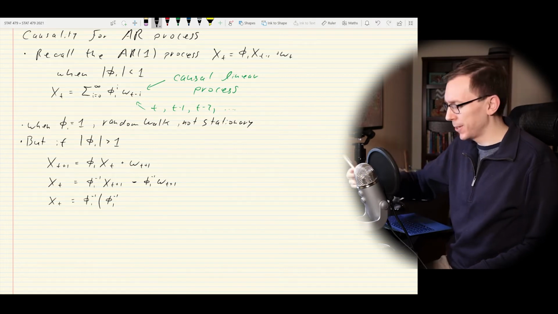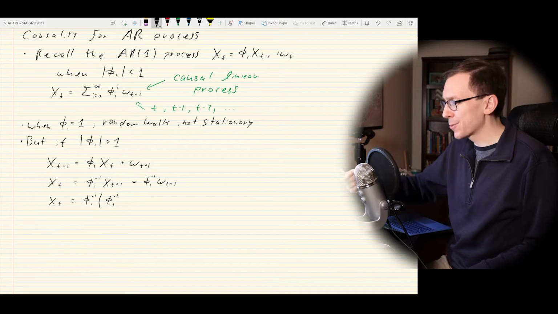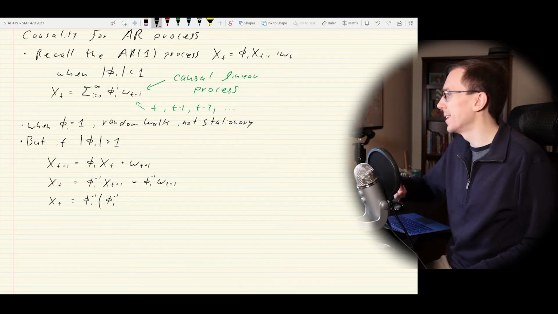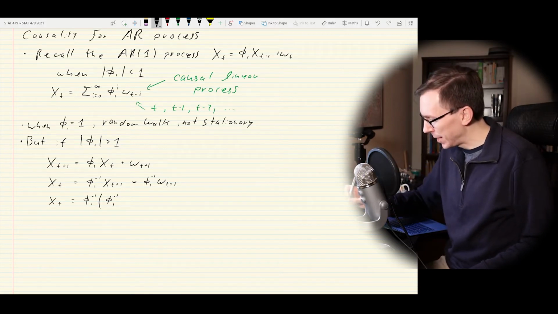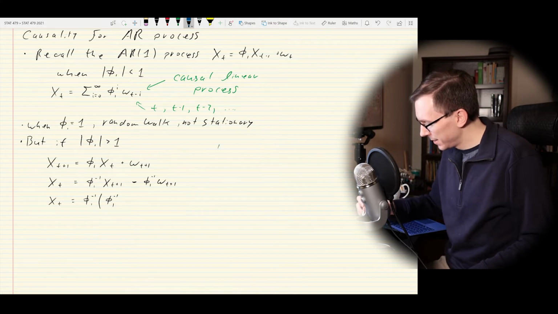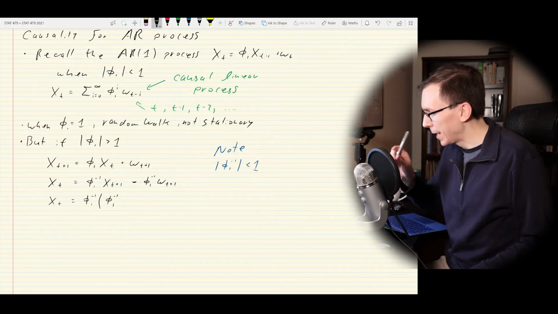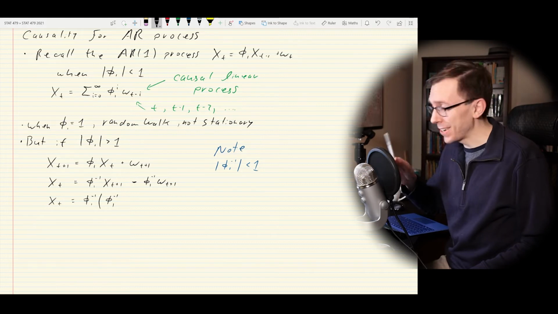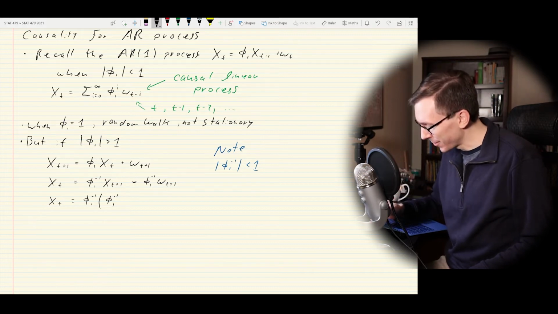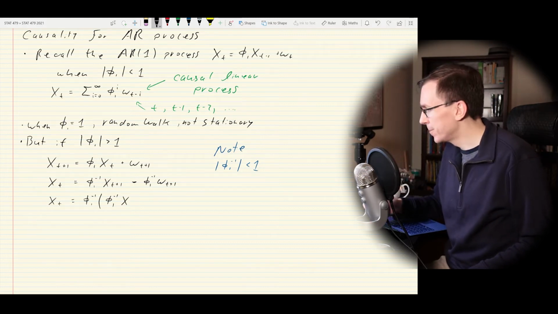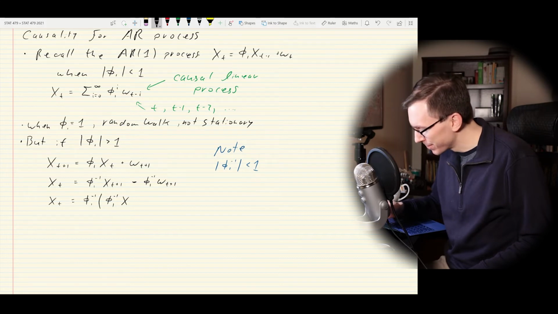Therefore, its reciprocal, phi 1 to the minus 1, is going to be less than 1 in magnitude. So maybe I should write that on the side. Note, phi 1 inverse is less than 1 in absolute value, which is good because it means our infinite series is going to converge, in a probabilistic sense.